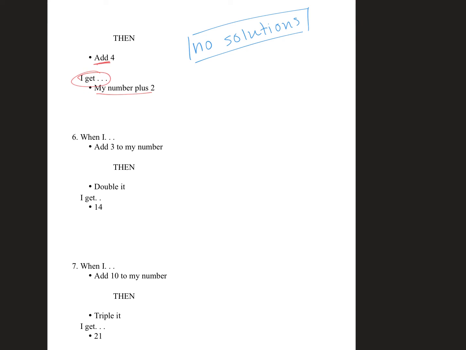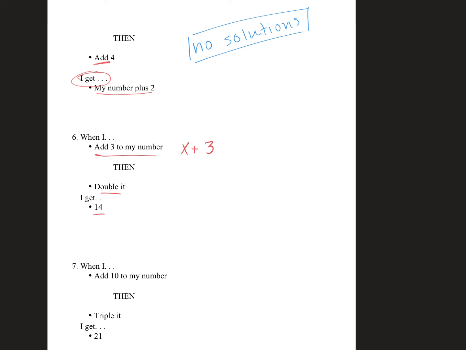So this one says, when I add 3 to my number, then double it, I get 14. So this one's a little bit different. In the previous examples, we've always doubled our number first, but this time we're adding 3 first. So let's just start there. When I add 3 to my number, x plus 3, then double it.